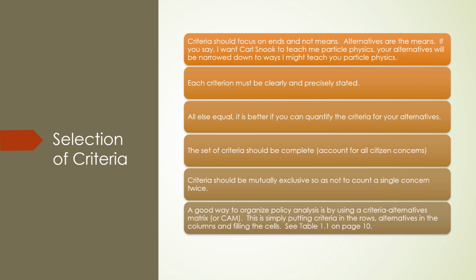But in essence, what you're doing is you're looking at each possible criterion, and then you are looking at each alternative, and you're filling in the boxes in the matrix of how does each alternative do for each criterion.